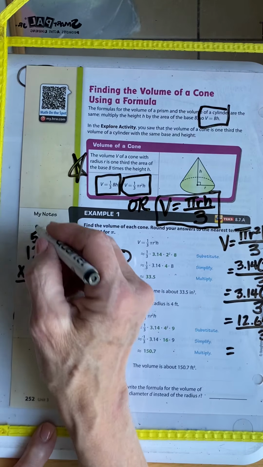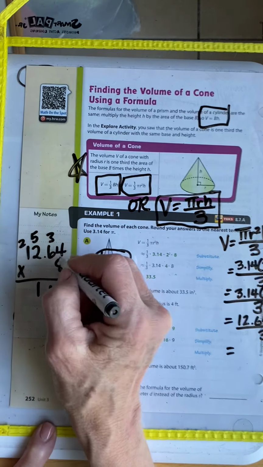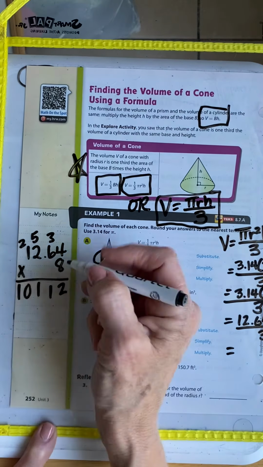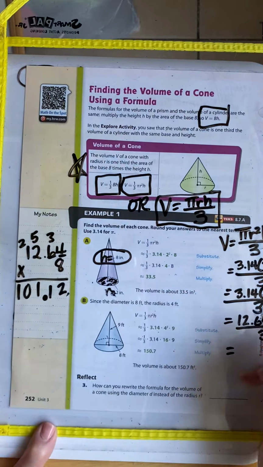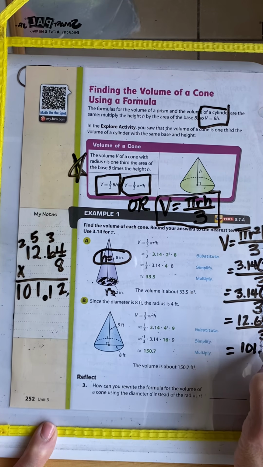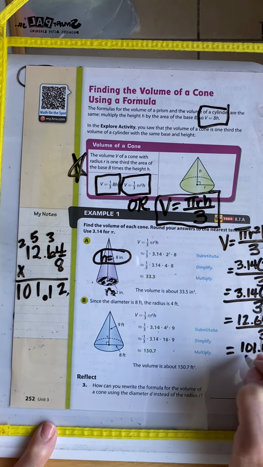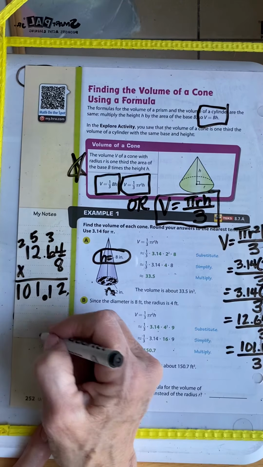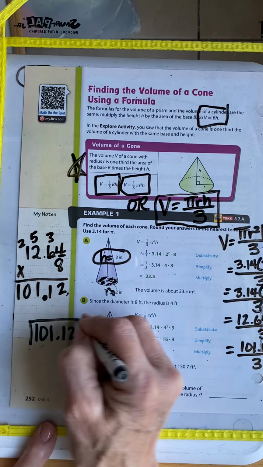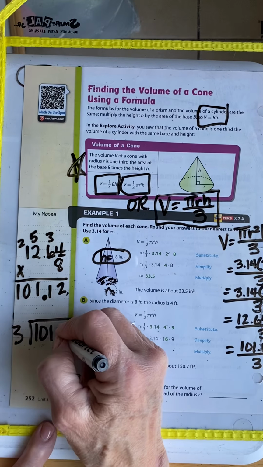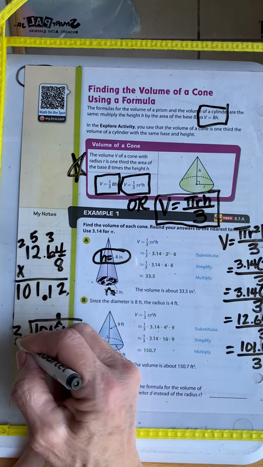That's 16 and 21, carry 2. That's 10. Now underline 2 decimals, 101.12. All divided by 3. So 101.12 divided by 3. Bring up that decimal.